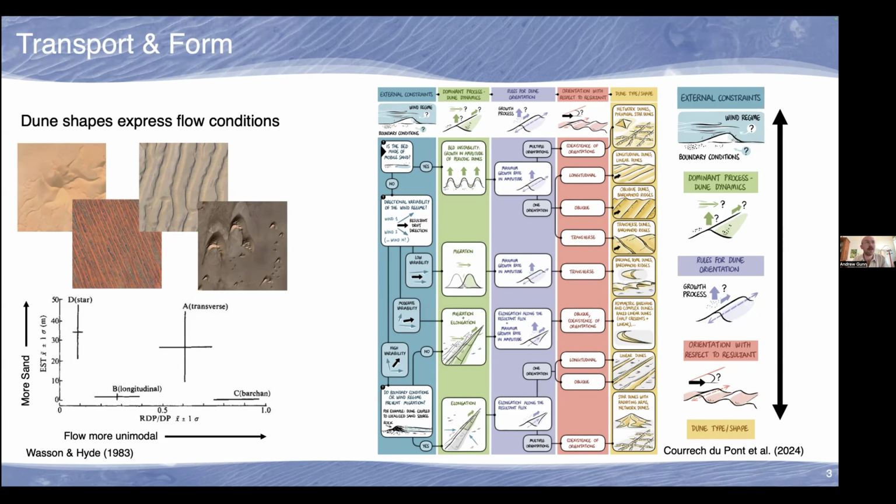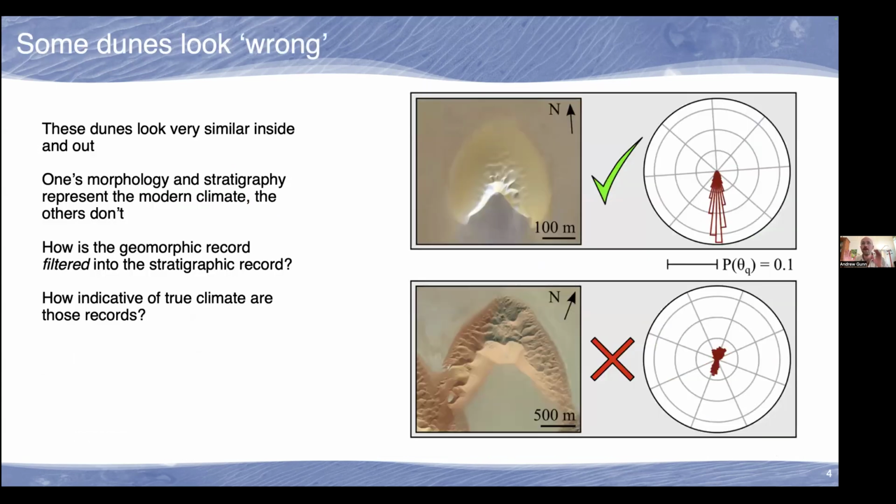But I'm going to show that those nice examples we just looked at, it's very hard to find them in nature always. Here's a great illustration of this, cherry-picked examples. Here's an ideal barchan dune in North Africa, and this is the corresponding sand flux rose, which is kind of like the wind directions.